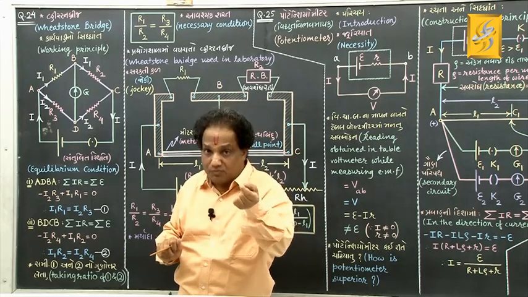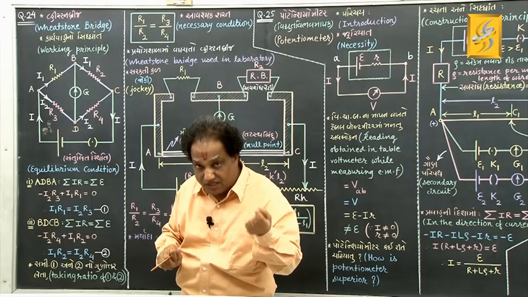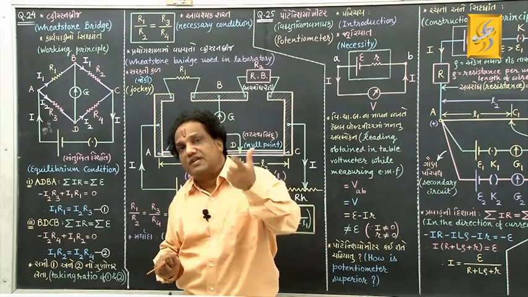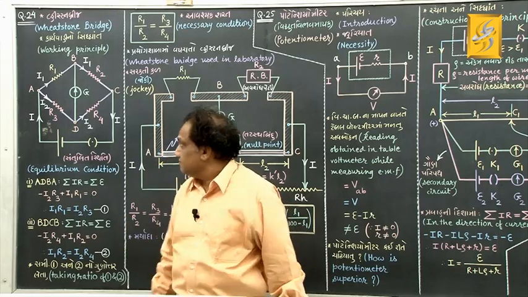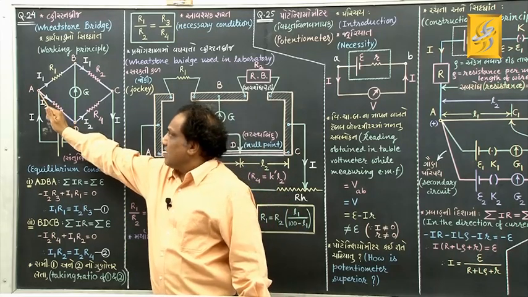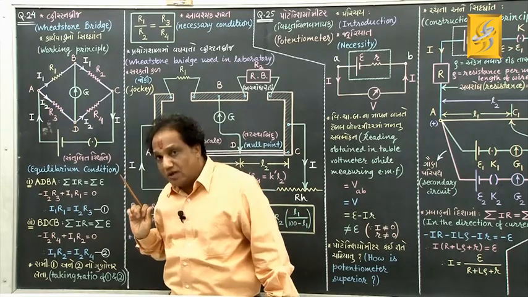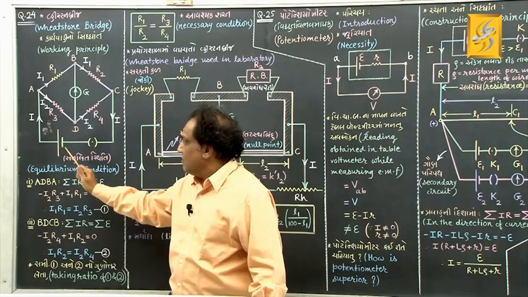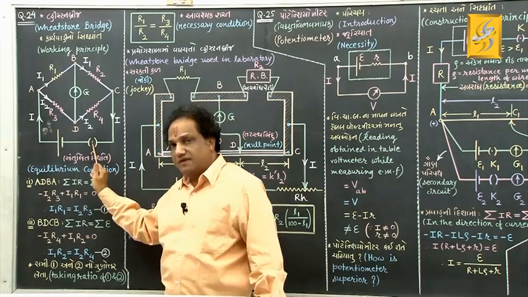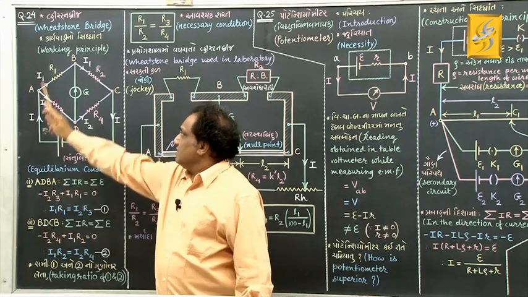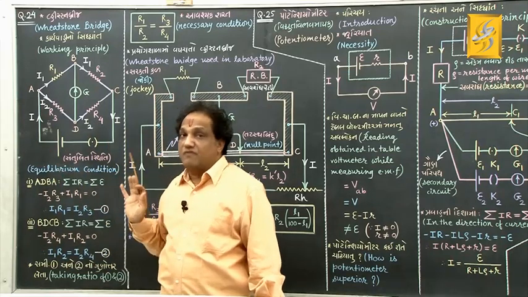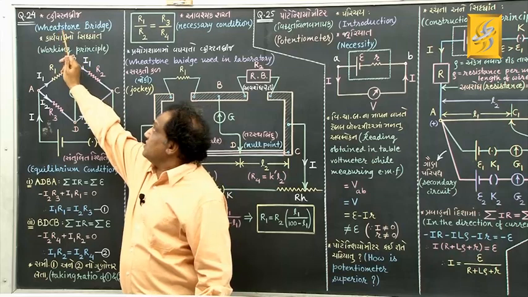The one whose response is very prompt and very large, we call it a sensitive galvanometer. Okay, fine. And then across the two endpoints of another diagonal, we are supposed to connect one battery and key. Correct? Fine. This entire network from now onwards we will call Wheatstone bridge.